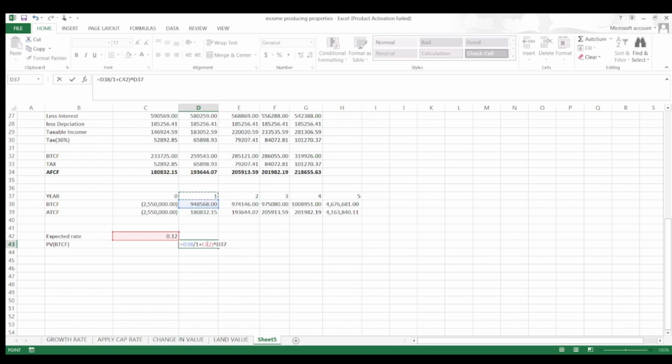Then simply lock in this rate. Always remember to put in the brackets properly.